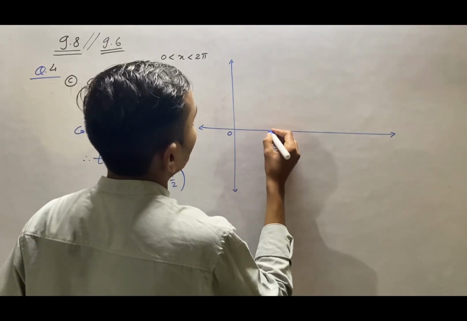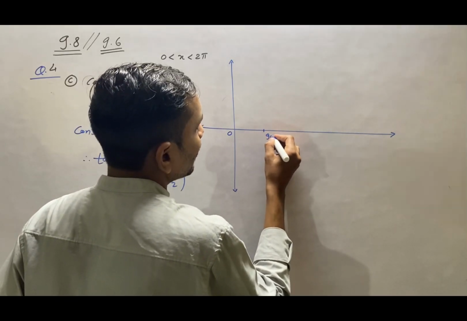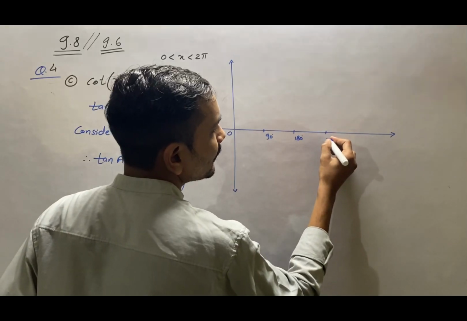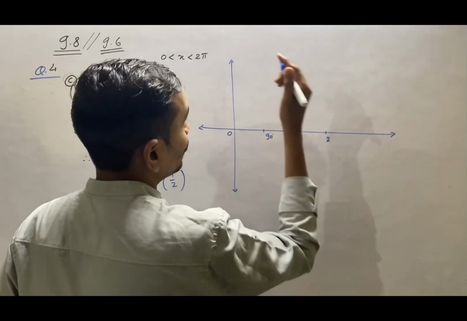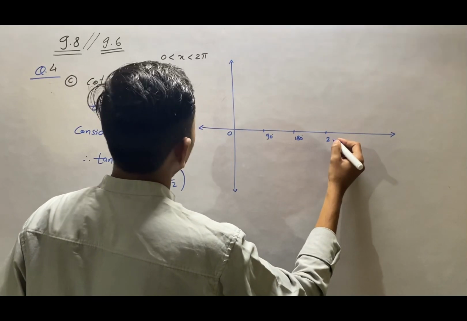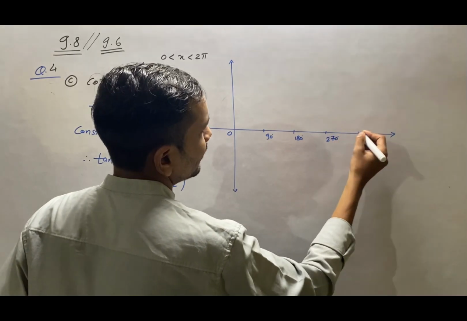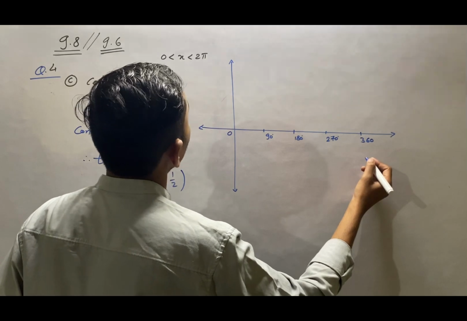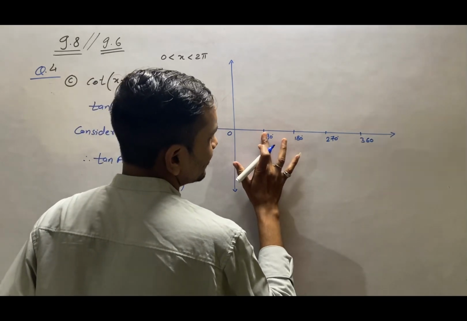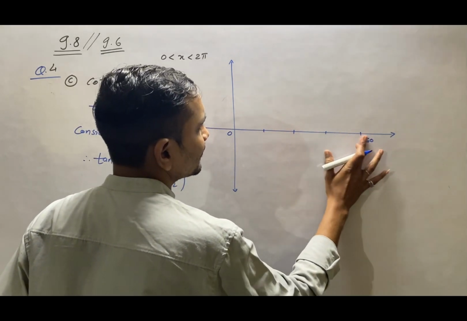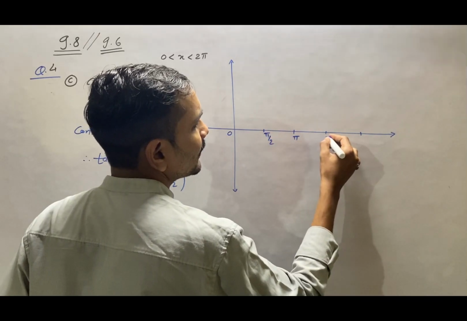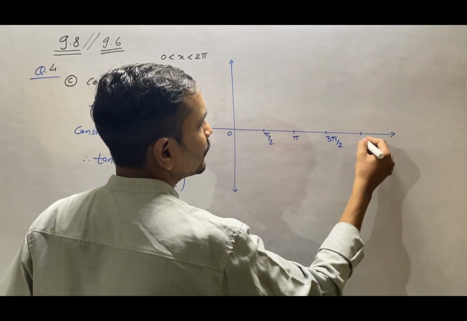0, 90, 180 degree. Okay, till 2 pi we have 270 and 360. Or we will take in radian. Okay, let's write in radian: pi over 2, pi, 3 pi over 2 and 2 pi.